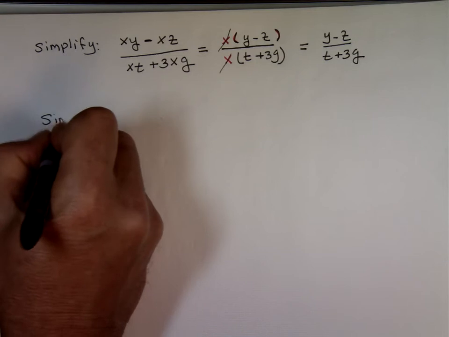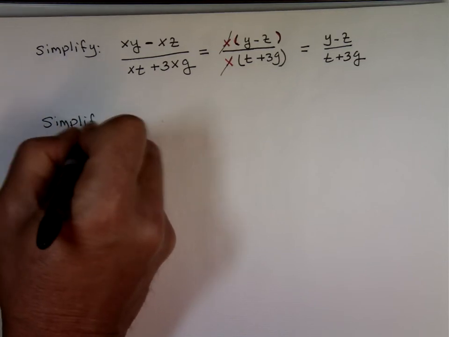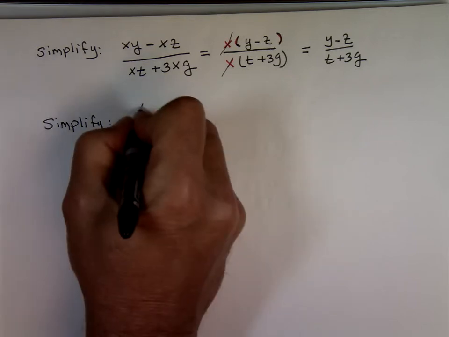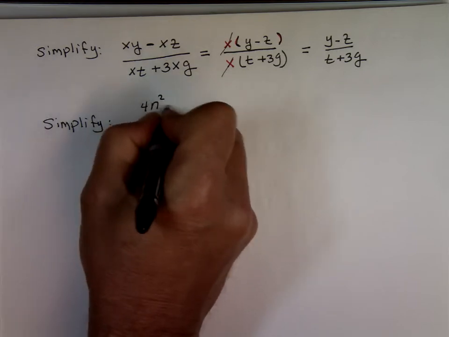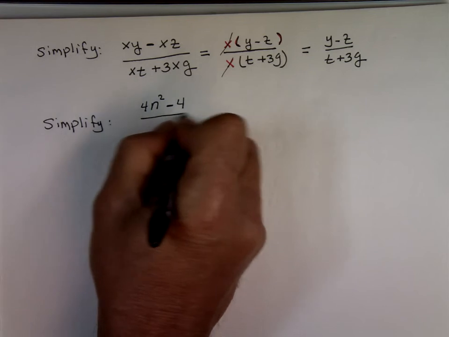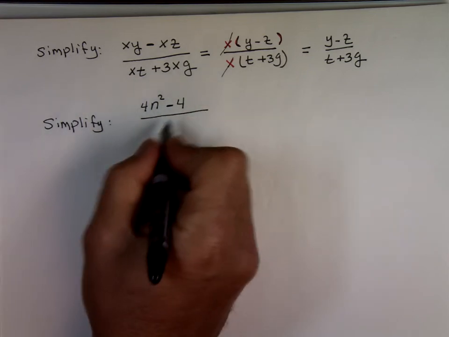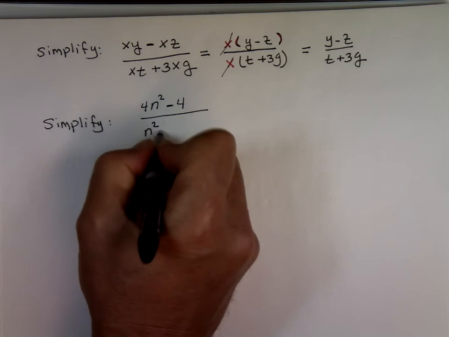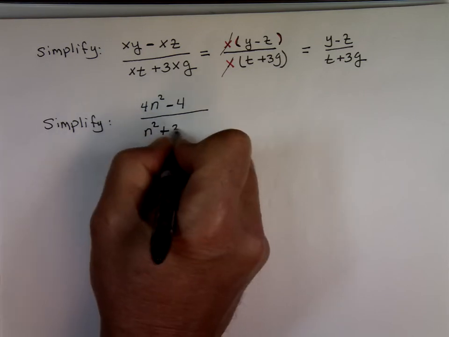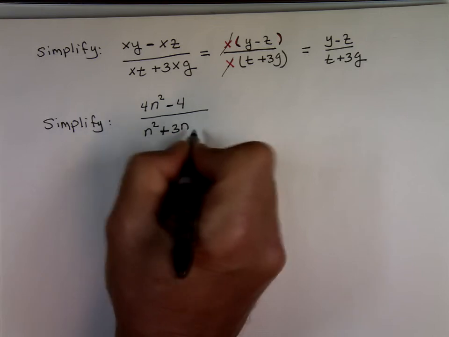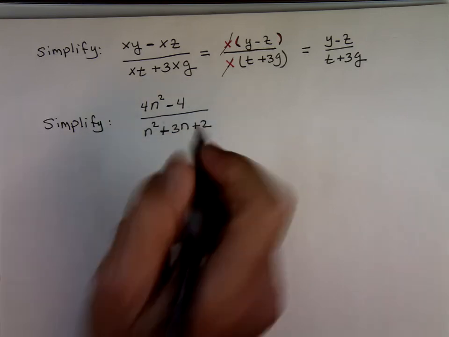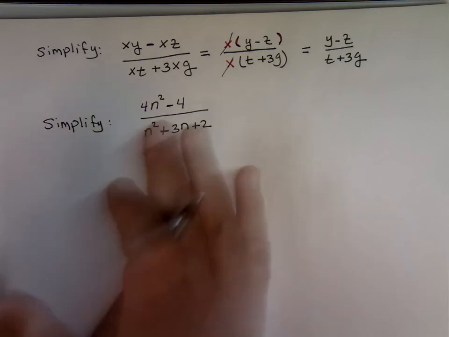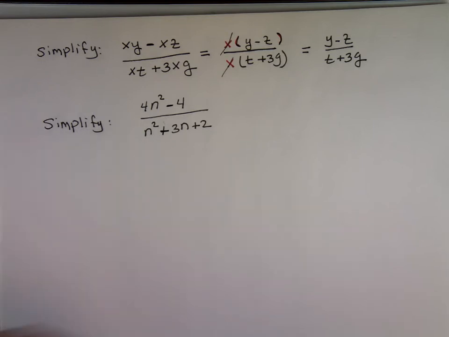Simplify. Four n squared minus 4 over n squared plus 3n plus 2. Again, you need to factor each one of them if you can. If I look at the top, I can factor the top as what?